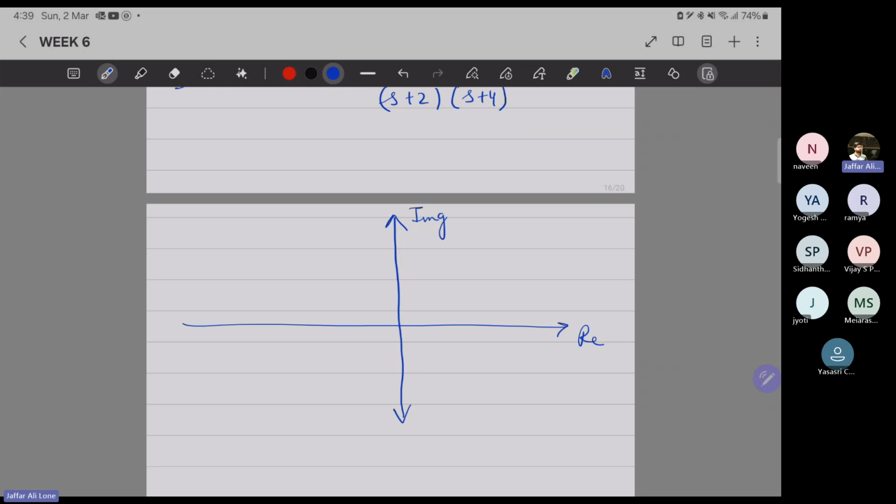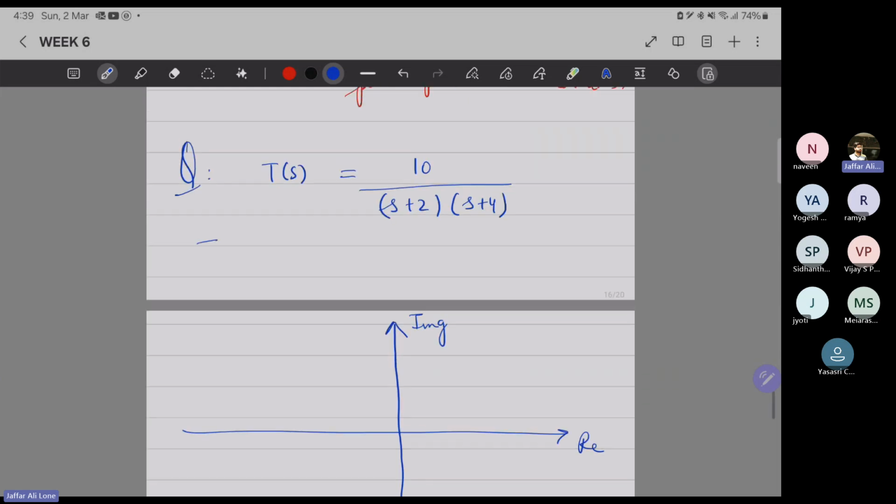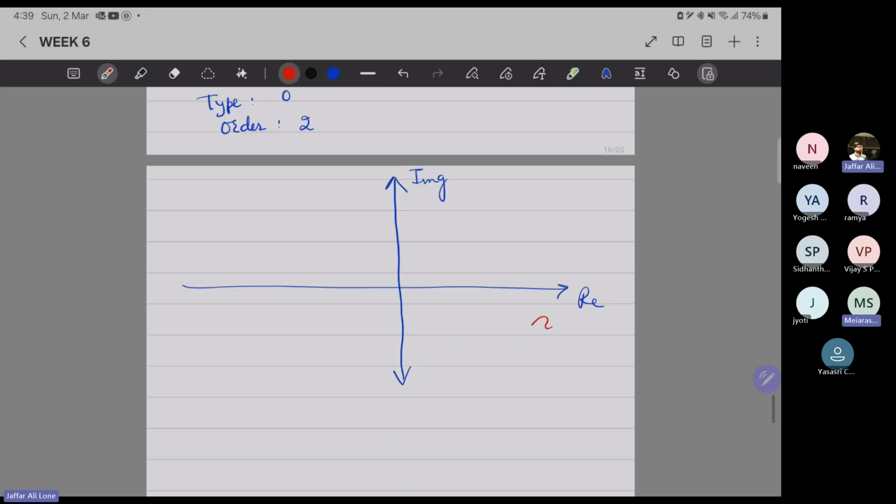Now, can anybody tell me the type and order? Type 0 and order 2. So if it is type 0 order 2, my polar plot will start from here and end here, from that table. So I'll make an approximate polar plot. It will be something like this.